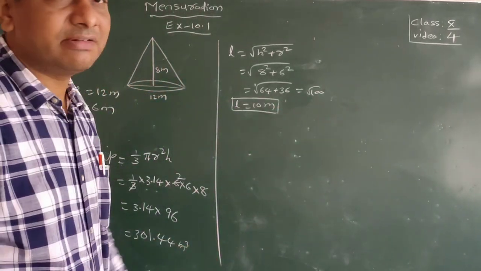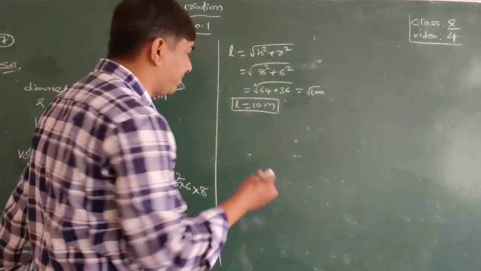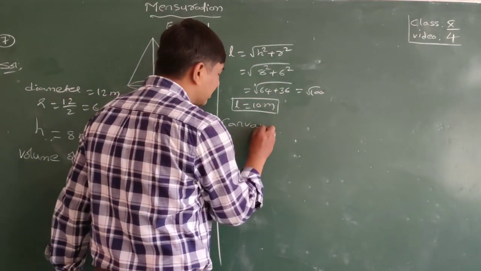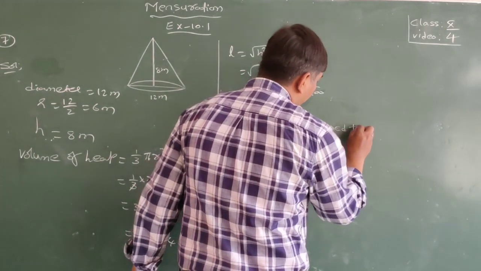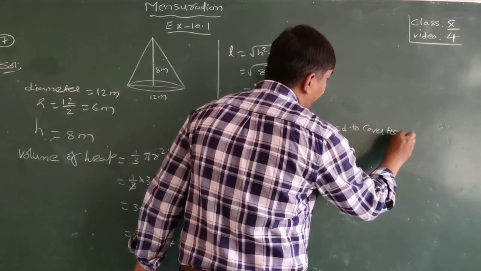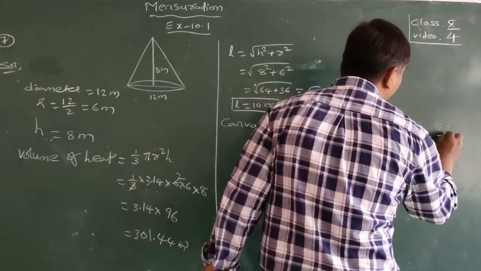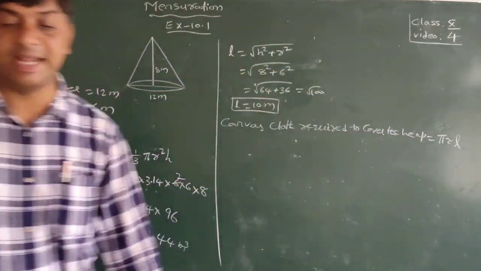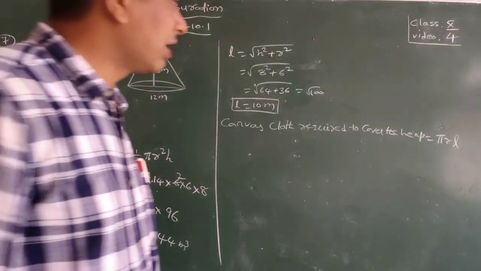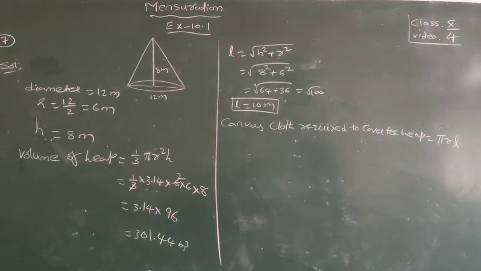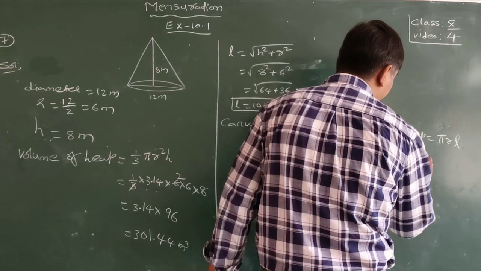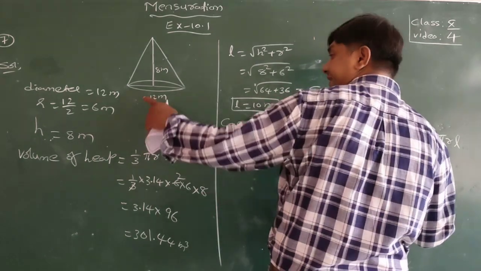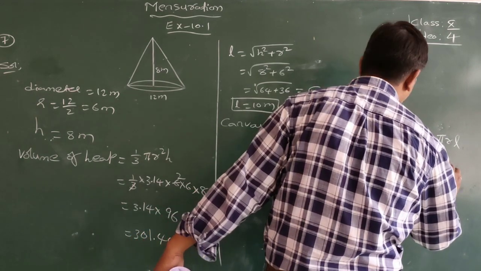Now canvas cloth required to cover the heap is equal to CSA of a cone, pi r L. That is equal to 3.14 into radius 6 meters and slant height 10.